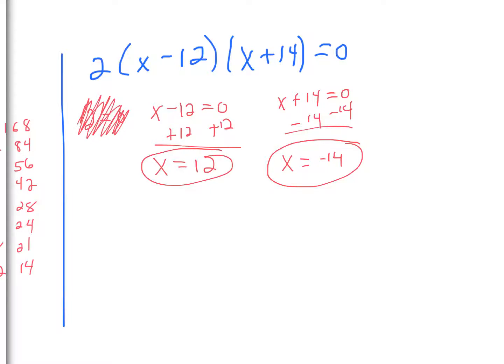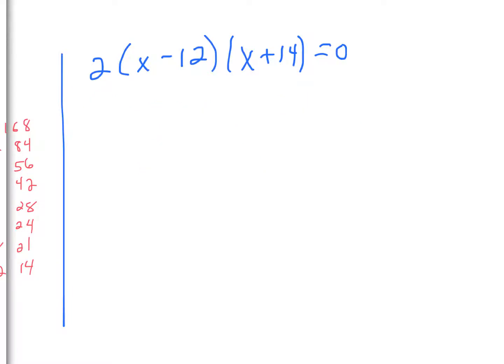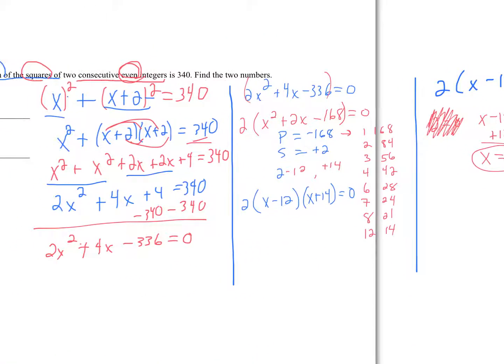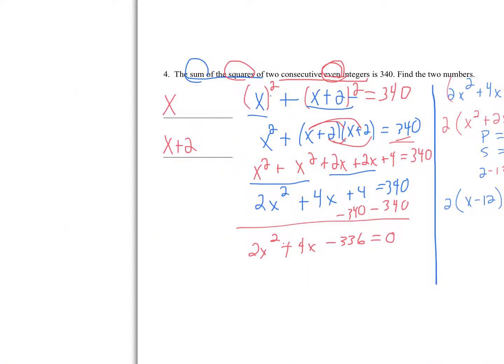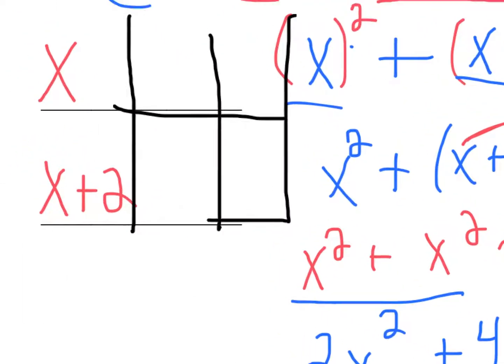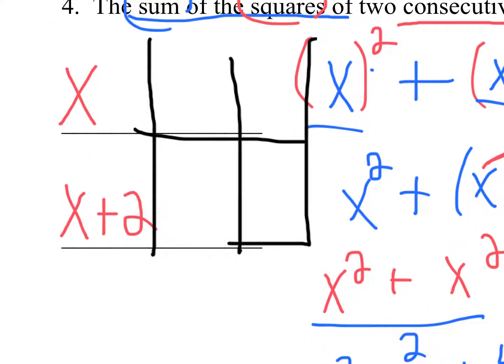And there's those. But don't forget, we're not done yet. We now have to go all the way back to the beginning. Remember, we were told x is 12 and negative 14.